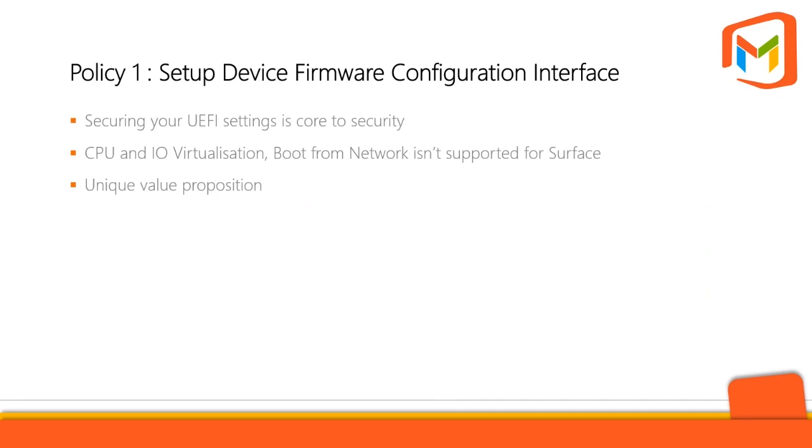This is where you can control settings, lock it down, things like stopping USB sticks, turning off cameras if you want to. There's quite a few little options you can trigger on and off. And there are some options there that Surfaces can't use. So one of them is CPU virtualization and IO virtualization, and also network boot. So those toggles, turning on and off, will not do anything on your UEFI for a Surface device.